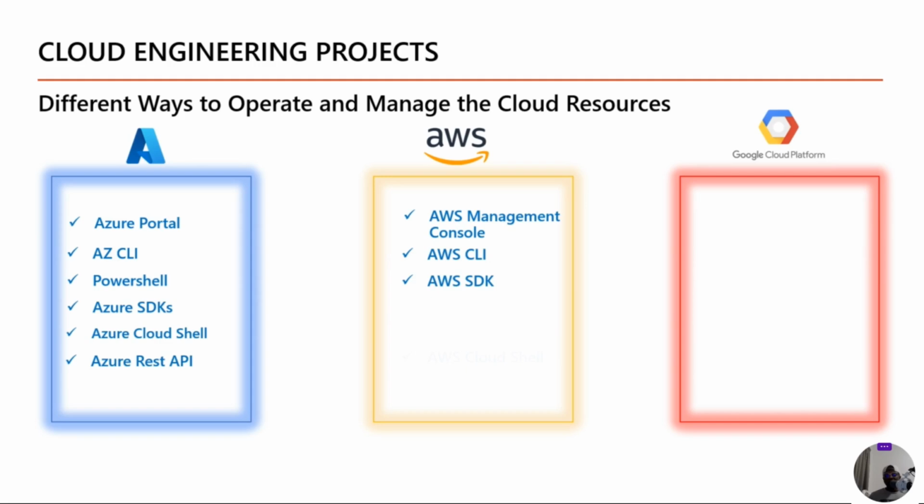Then we have the AWS Cloud Shell. Again, this is similar to the Azure Cloud Shell. It is basically an in-browser CLI terminal. This means that you can access it from the browser. Another client for AWS is the AWS Tools for PowerShell. So within PowerShell, you can get AWS tools to use to manage AWS cloud resources.